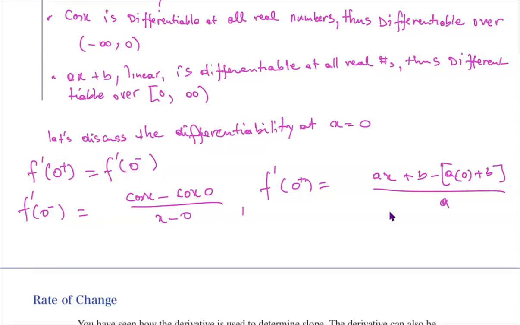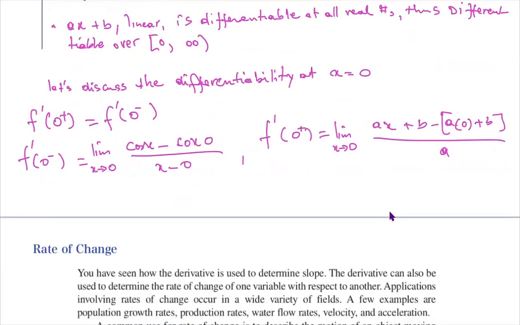So basically, that's the limit as x approaches 0 of this, and the limit as x approaches 0 of this. And then we expect these two to be the same.